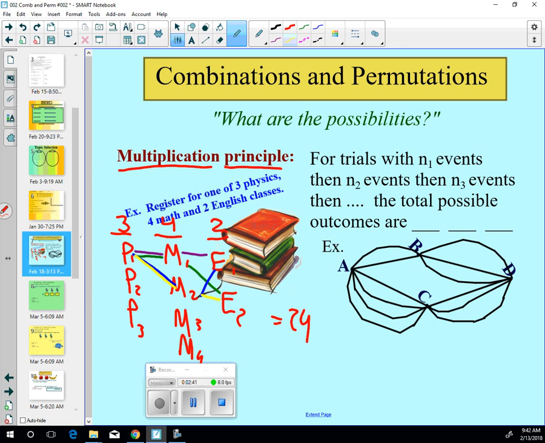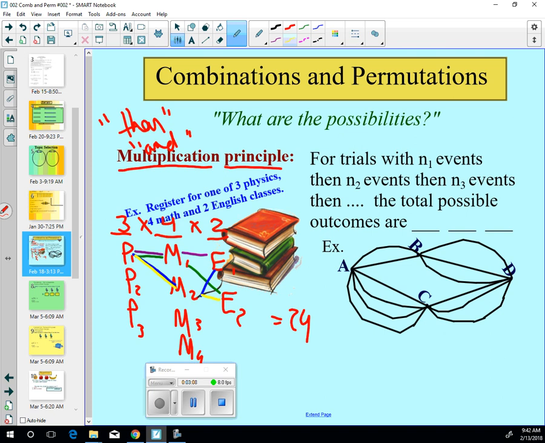And what do you do with 3, 4, and 2? Yeah, here's your 8, 4 times 2. Here's your 24, 3 times 4 times 2. And I will bring this back a lot of times. It's choice times choice times choice. If you say the word then, or oftentimes and, these words mean multiply.